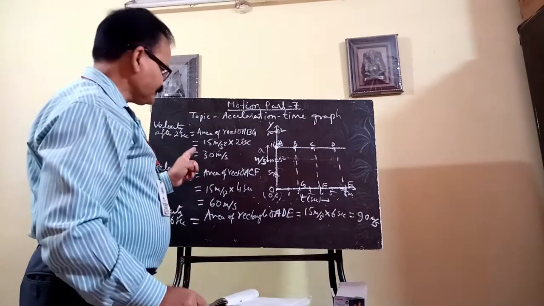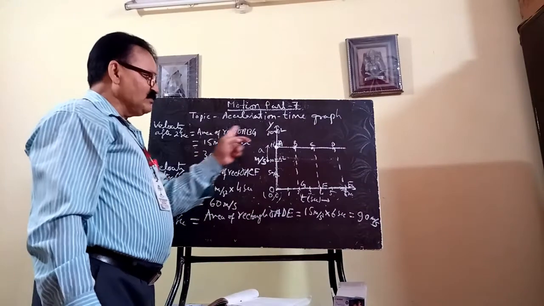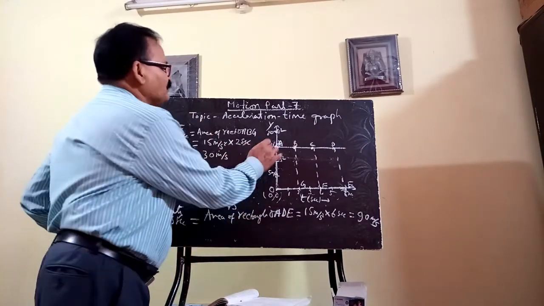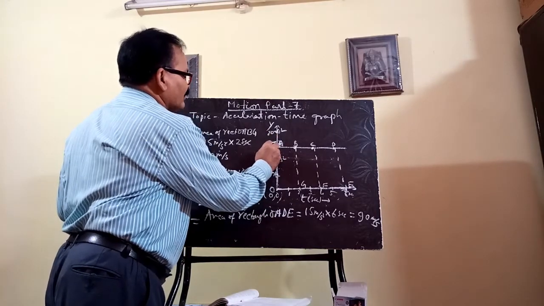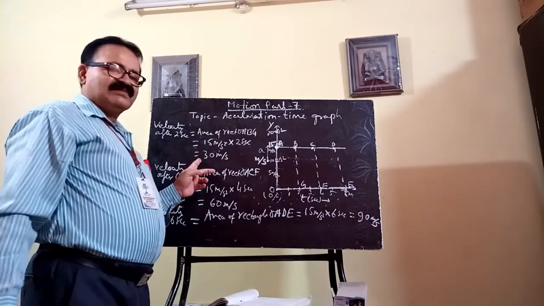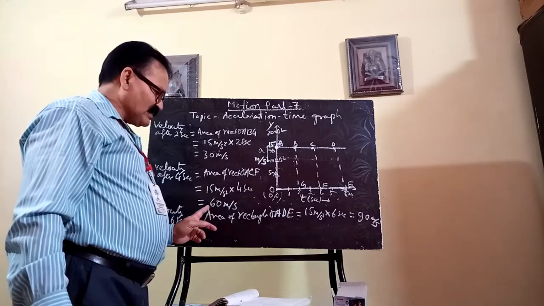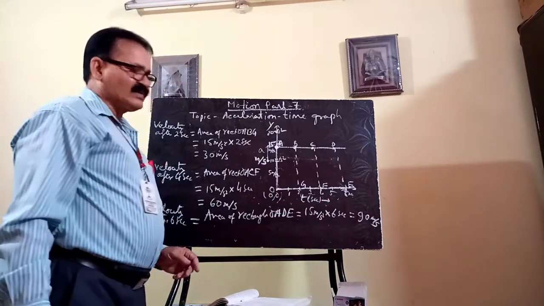So you see, the body is moving with uniform acceleration of magnitude 15 meter per second square. After 2 seconds its velocity is 30 meter per second, after 4 seconds 60 meter per second, and after 6 seconds 90 meter per second.